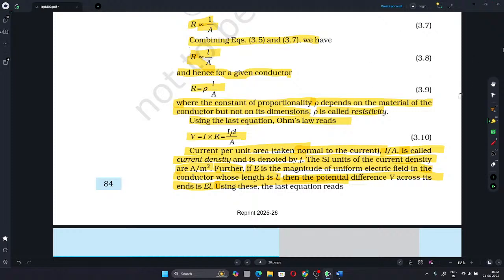Using the last equation, Ohm's law reads V equals I into R, where we substitute the value of R, which is rho L by A, times I. I by A is the current per unit area, taken normal to the current, and is called the current density, denoted by J. The SI unit of the current density is ampere per meter squared.